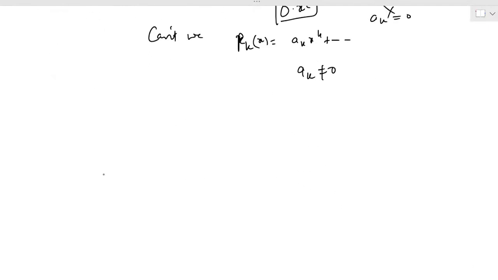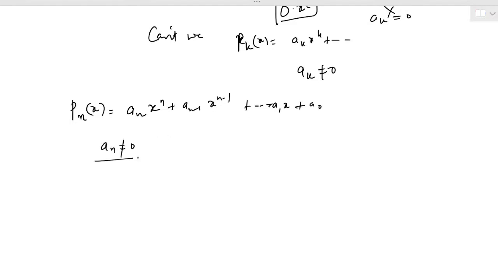Whenever I'm stating that I am talking of a polynomial of degree n, we say that a_n must be non-zero. Because if a_n is 0, then it is no longer a polynomial of degree n. Then it is a polynomial of degree n minus 1. So by definition of polynomial itself, this coefficient can never be equal to 0.